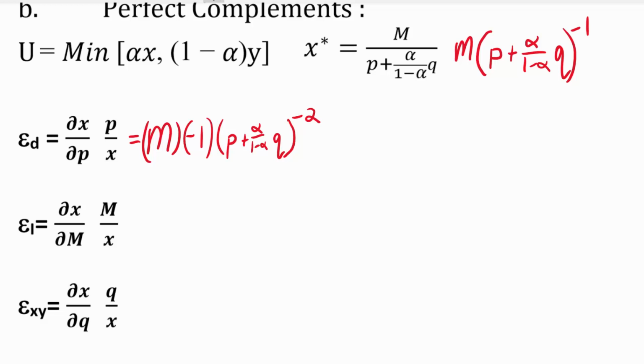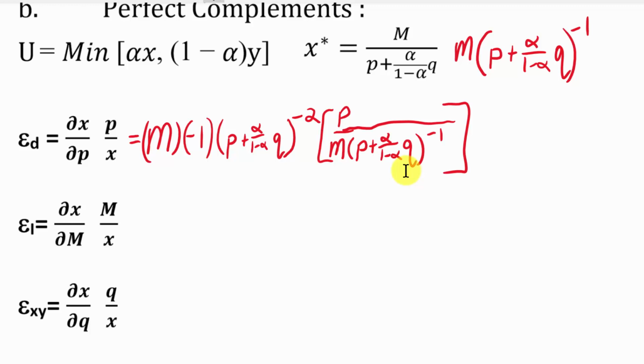So we're multiplying by the minus 1 over here, and then subtracting 1 from that to get minus 2. But then we need to multiply by that p over x. But of course, we don't want to just leave that as x. We want the whole expression. So we're going to want that m times p plus alpha over 1 minus alpha q to the minus 1.